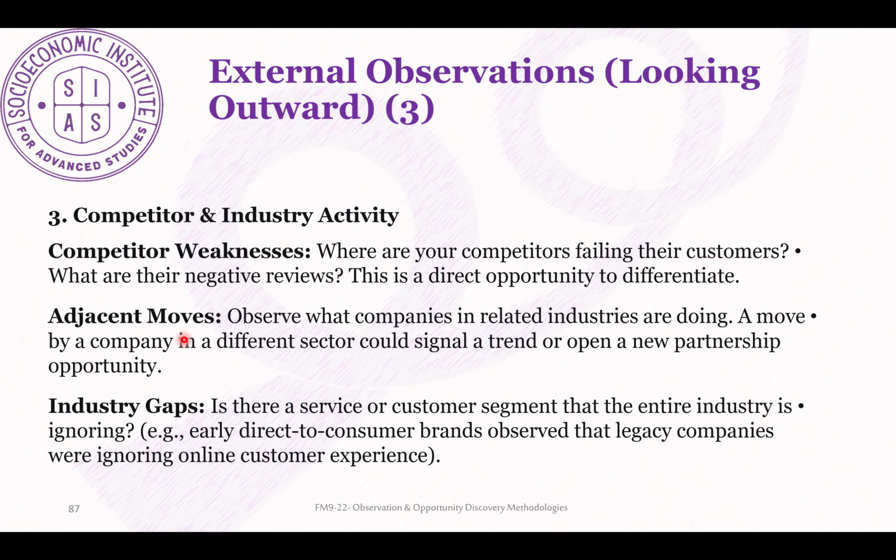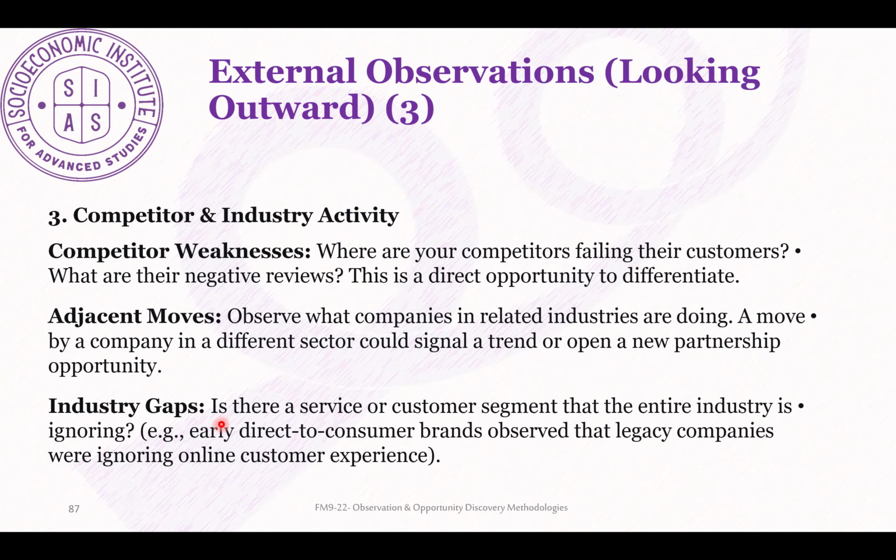Sometimes adjacent moves. For example, observe what companies, organizations, or communities in related industries are doing. A move by a company in a different sector could signal a trend and open a new partnership opportunity. Sometimes we talk about industry gaps.